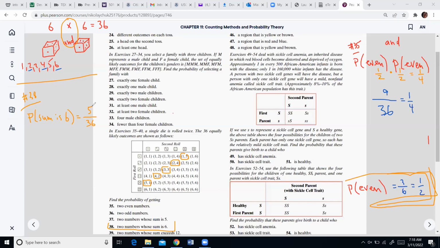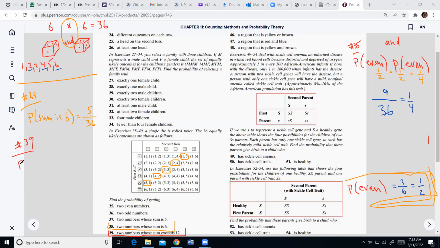So it looks like some problems you just do directly, and I guess that's what we should get used to. So let us try another one, like 39, the one right next to it. I think that'd be another good practice exercise. So it says two numbers whose sum exceeds 12. So what are they talking about in 39?